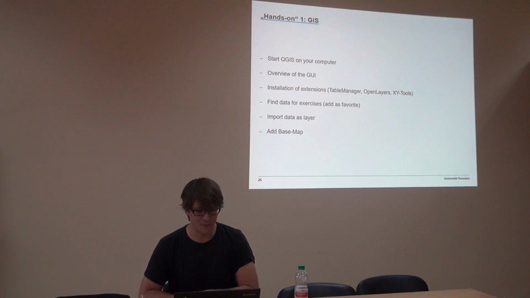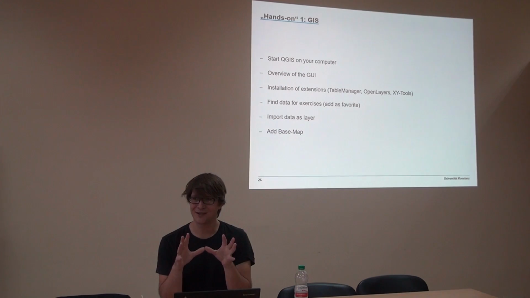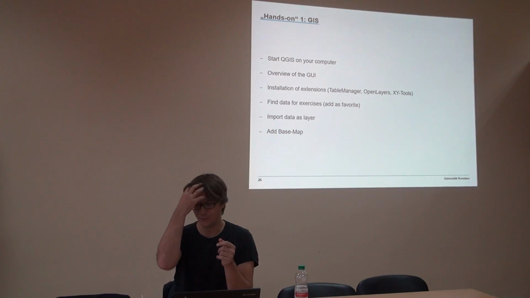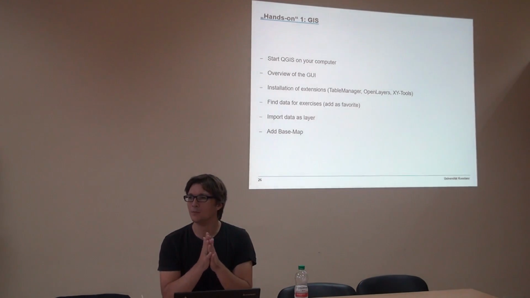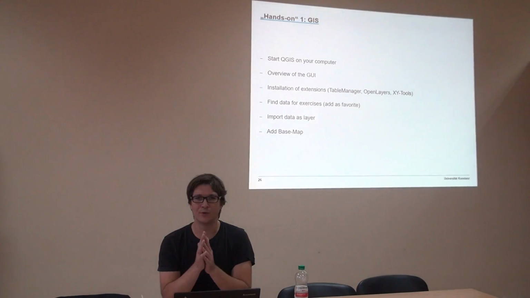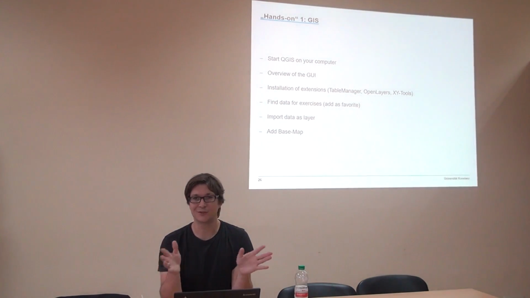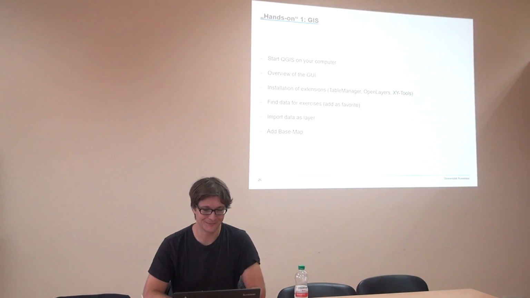Then we install some extensions. This open source program has a lot of extensions that are programmed by different people who use some parts of the program more than others, and I hope this works. When it doesn't work, it's no catastrophe.